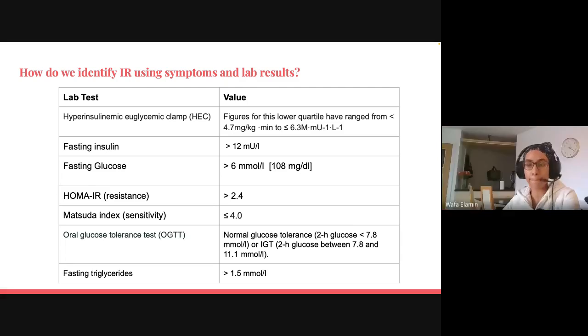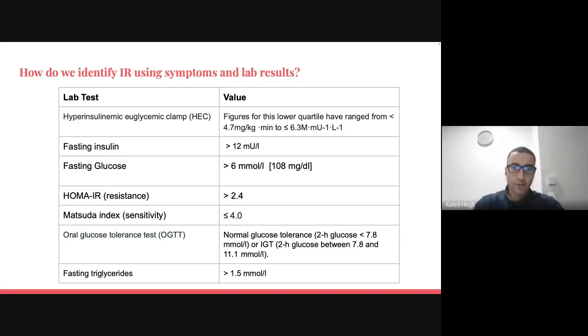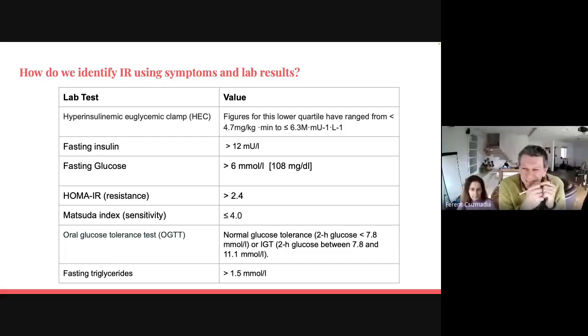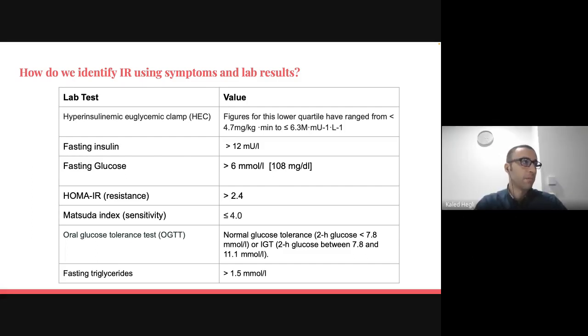Lab test. Yeah, so we have the gold standard, which is the hyperinsulinemic euglycemic clamp. We collected the values that we would use for identifying insulin resistance. The next best, I guess, in general, is fasting insulin, although debatable, and also the value being debatable, but it's the most available and the most direct one.